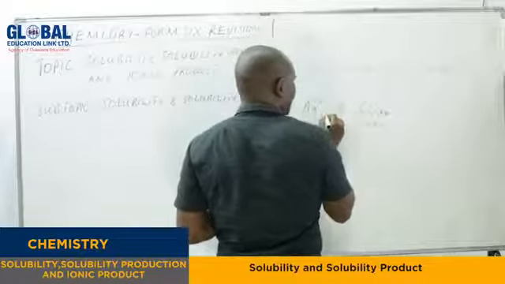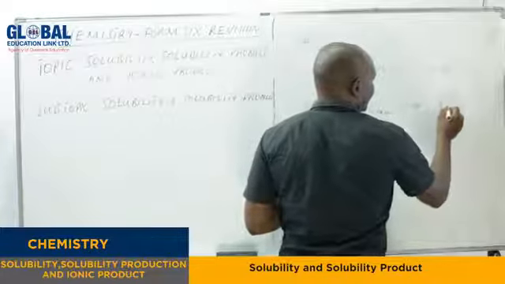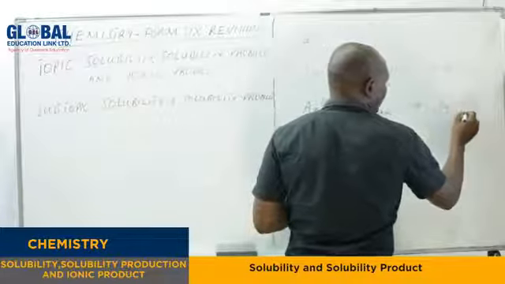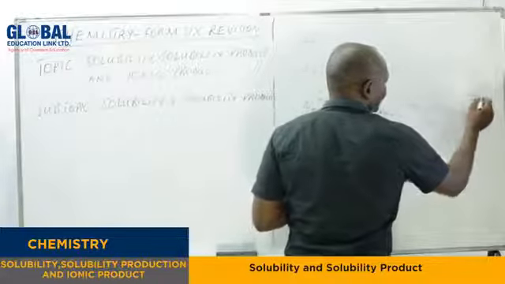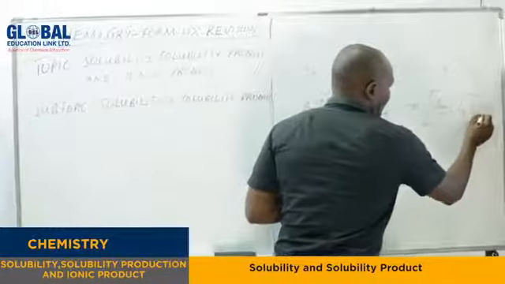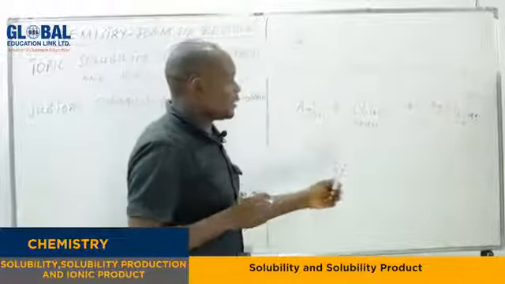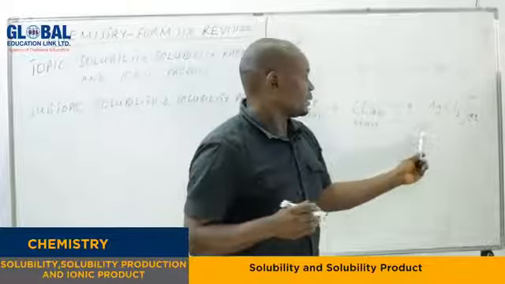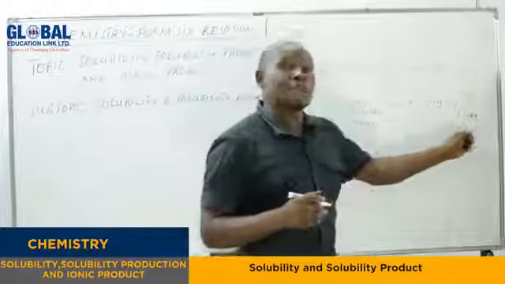This will lead to the formation of a complex compound of silver, dichloroargentate(I), which is aqueous. That will now be the product, and this complex is soluble.